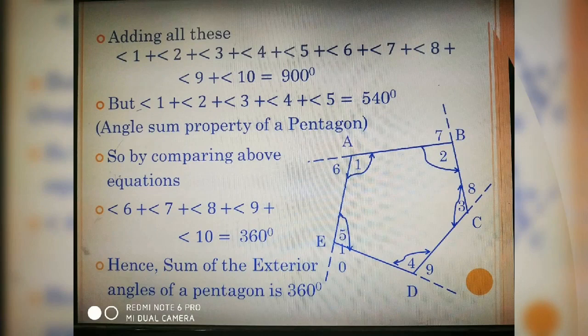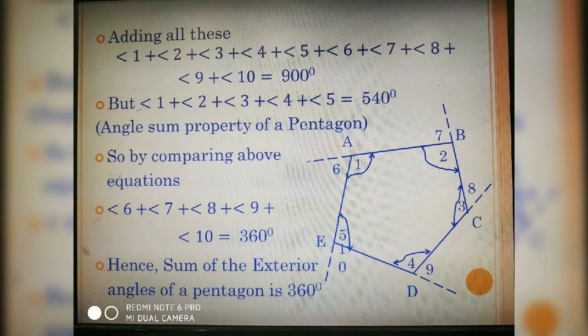If we add all these 5 equations, we get angle 1 plus angle 2 plus angle 3 plus angle 4 plus angle 5 plus angle 6 plus angle 7 plus angle 8 plus angle 9 plus angle 10 is equal to 900 degrees. But we know that the sum of the 5 angles of a pentagon is 540 degrees.